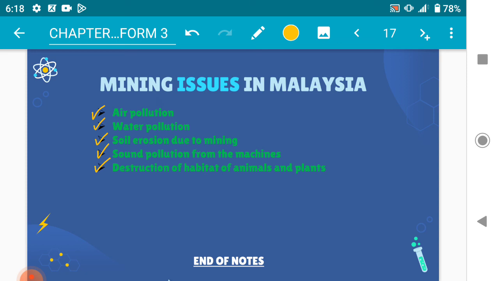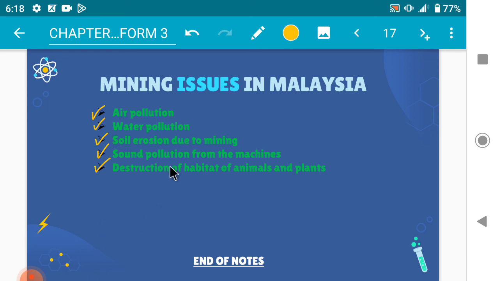So this will cause destruction of habitat, and also sound pollution, because in order to do the extraction you need to use very gigantic and very noisy machines to do this kind of activity.